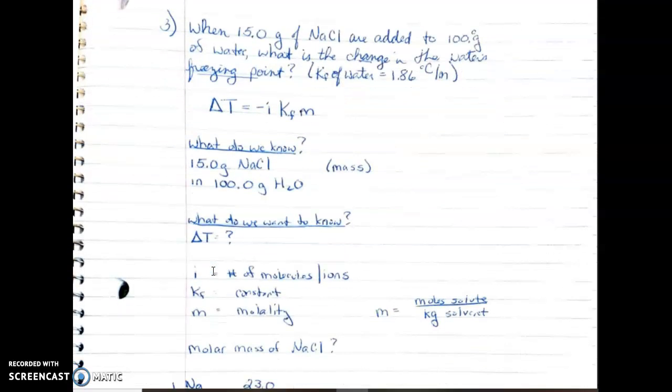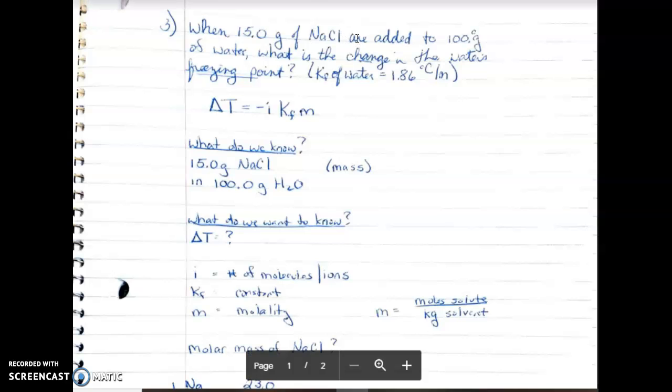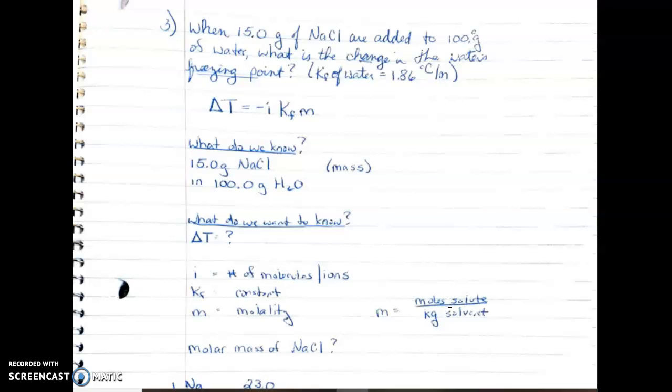Restating, i is the number of molecules or ions that the solute, in this case sodium chloride, will form when it's dissolved in this 100.0 grams of water. We know the constant. And molality, what do we know about molality? Molality is a measurement of concentration, and it relates the number of moles of solute per kilogram of solvent.